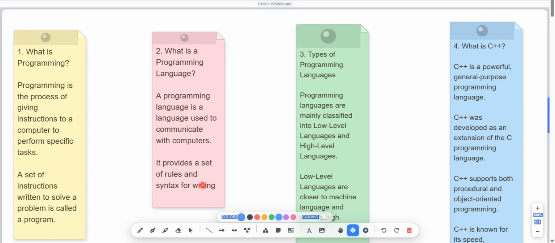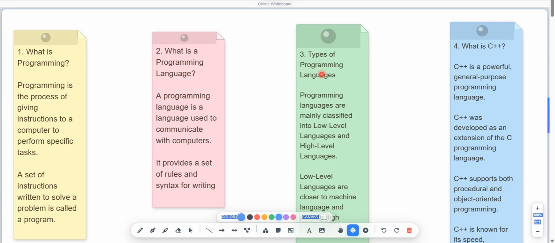They are predefined and fixed. For example, in C or CPP, we should use only lowercase for the predefined words, and not uppercase.